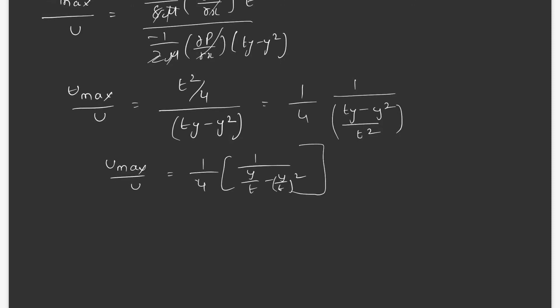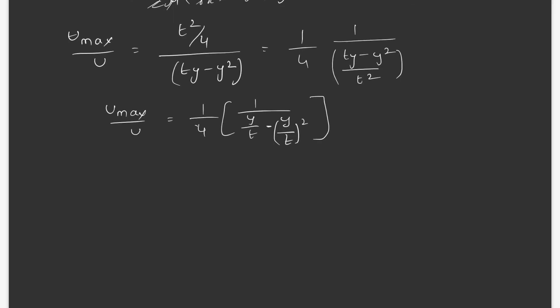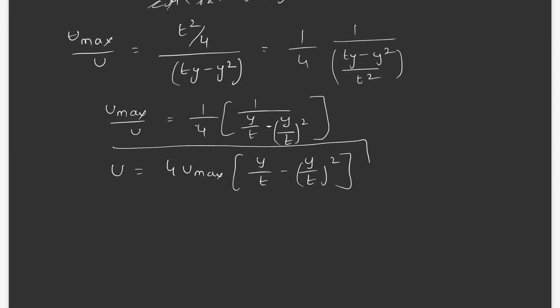This is the value of u max by u. If we write u in terms of u max, u is equal to 4 u max into y by t minus y by t whole square. This value here is not as important as it is in pipe flow.